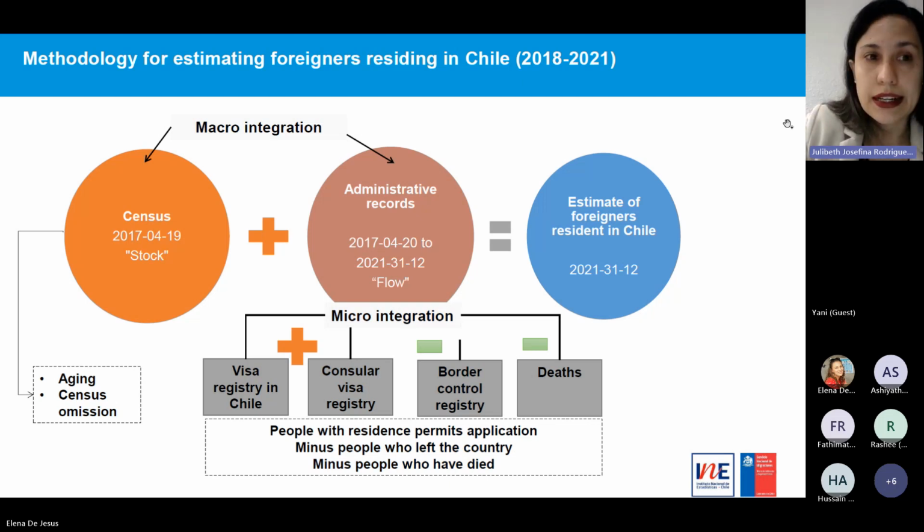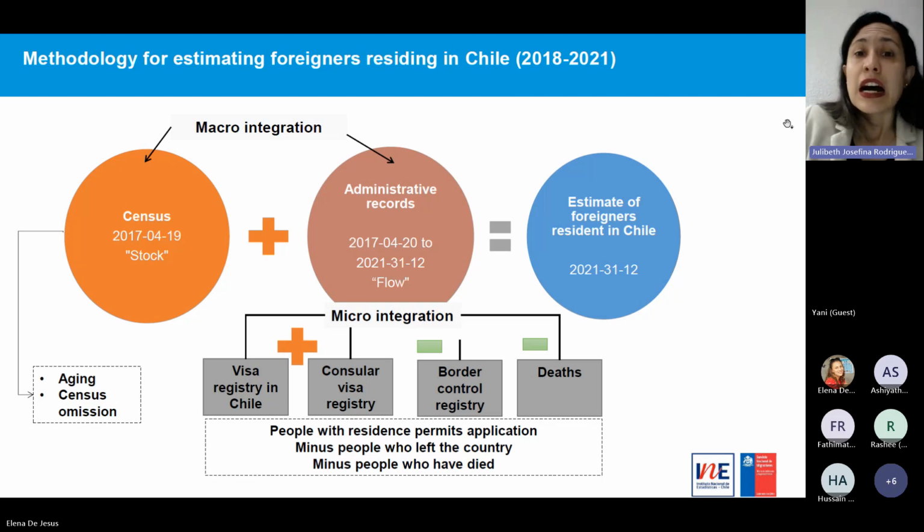We cannot link the census with the administrative records at the micro level because our census doesn't ask for an identifying number such as the RUN, which is the name of our identification number.